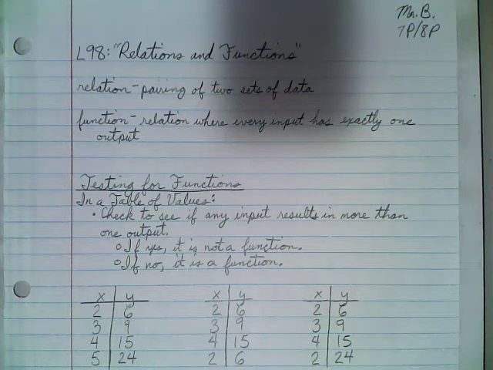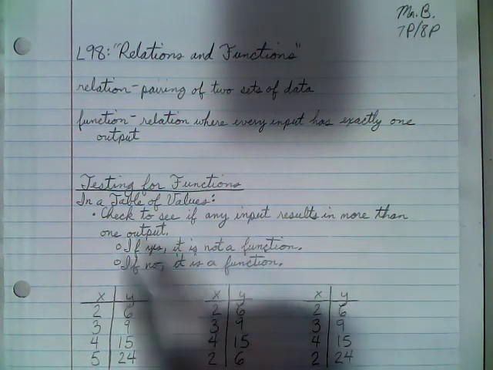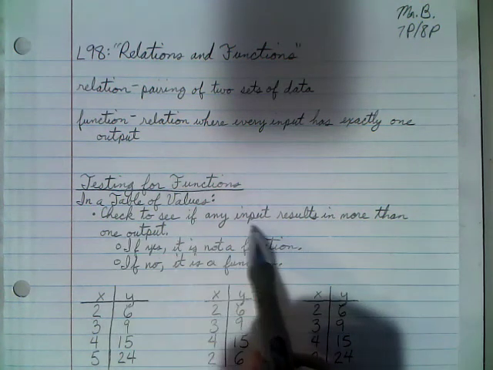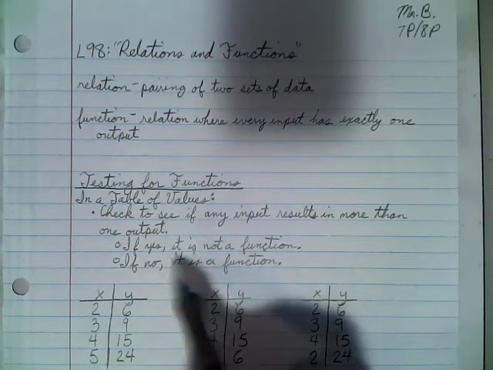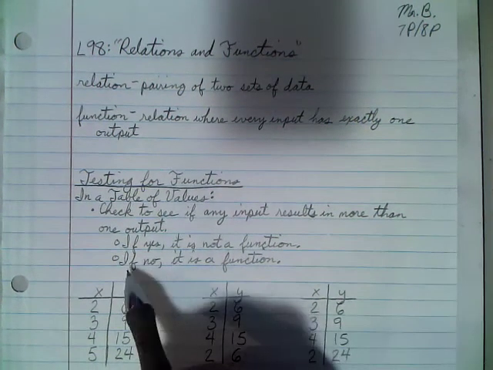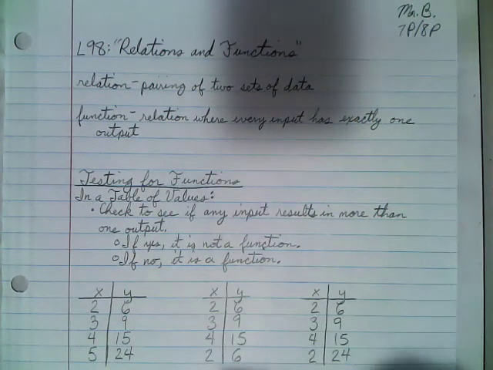We're going to take a look specifically at a table of values and at graphs. I want to know if a relation is a function. In a table of values, we want to check to see if any input results in more than one output. If yes, it is not a function. If no, it is a function.